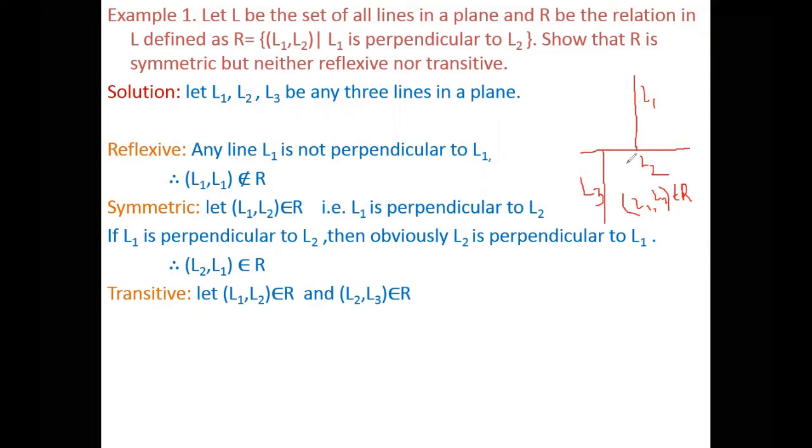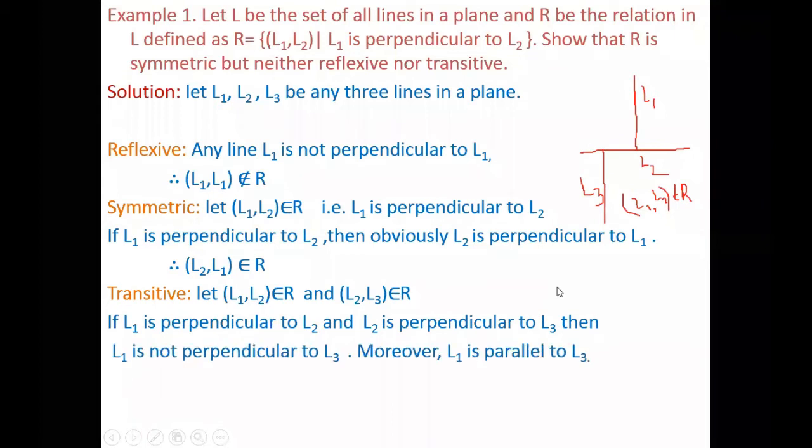This is the third line. From the diagram we can see that actually L1 is parallel to L3. That's why we can write (L1, L3) does not belong to R.